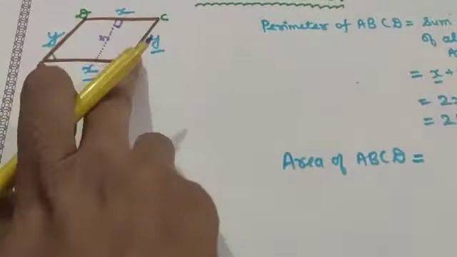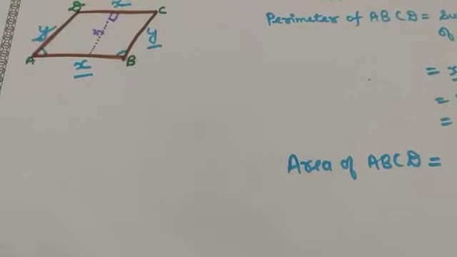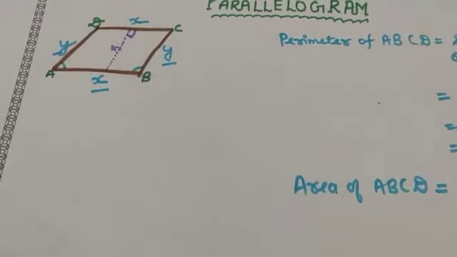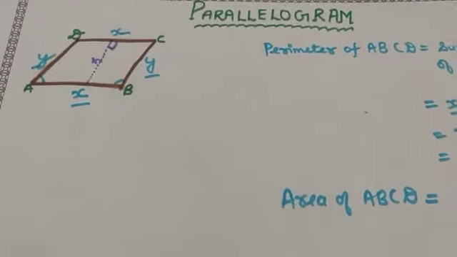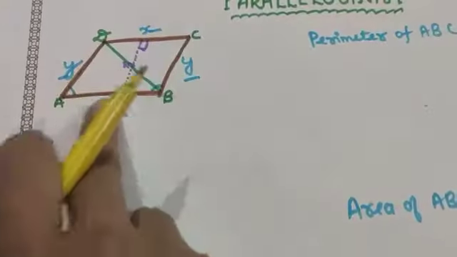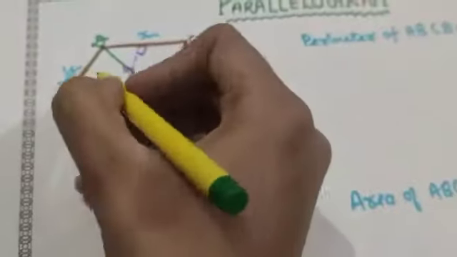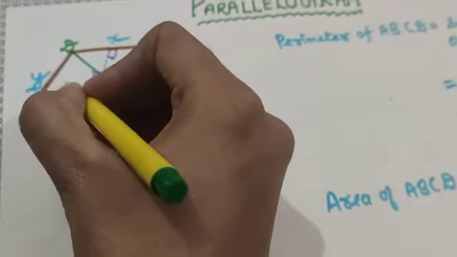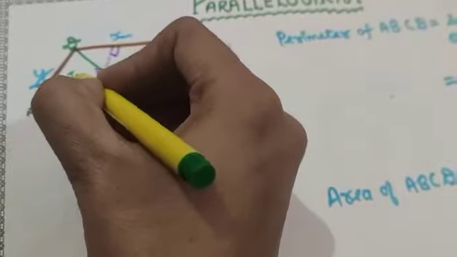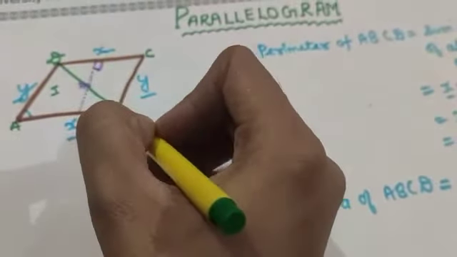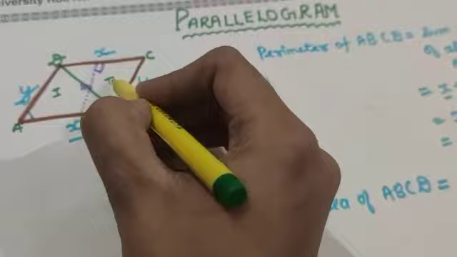Now if you want to find the area of this parallelogram, let us divide it by the diagonal BD. So you can see that we have divided the parallelogram ABCD into the triangle ABD, that is first, and the triangle BCD, that is second.